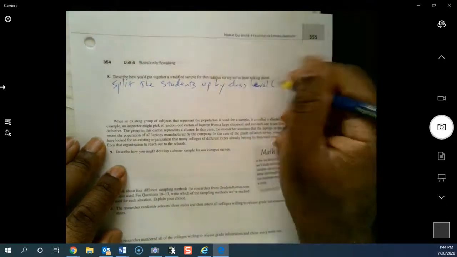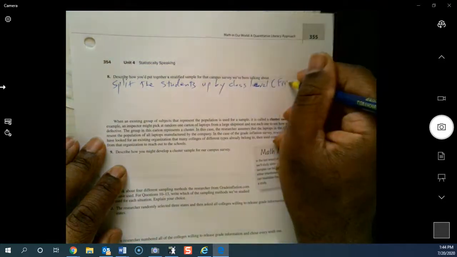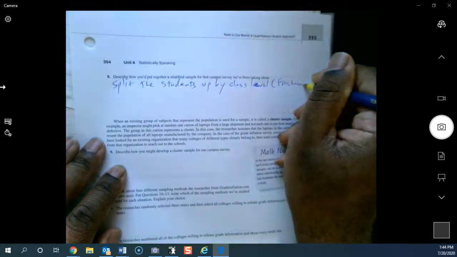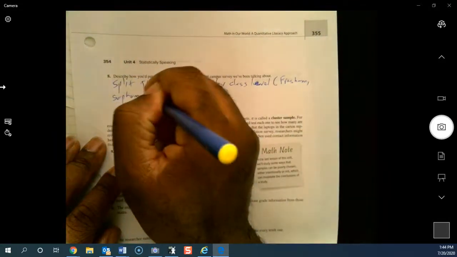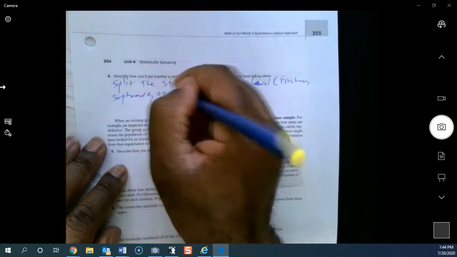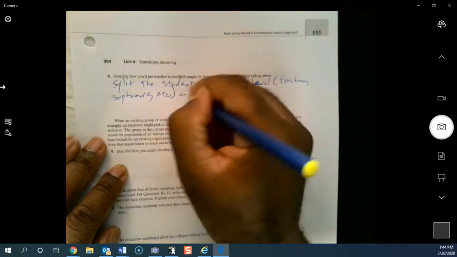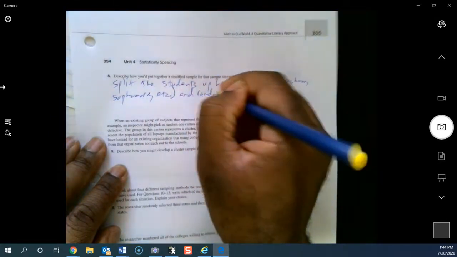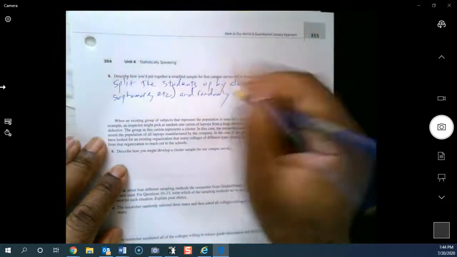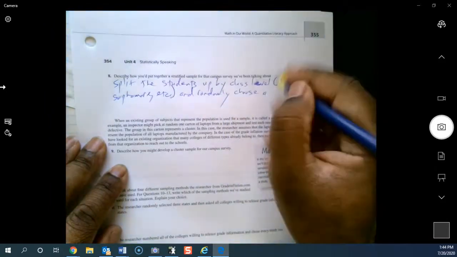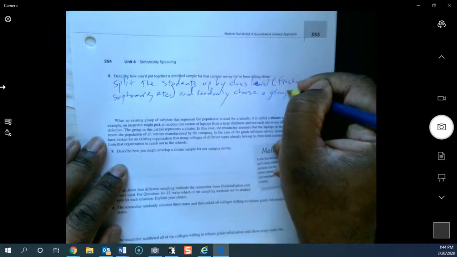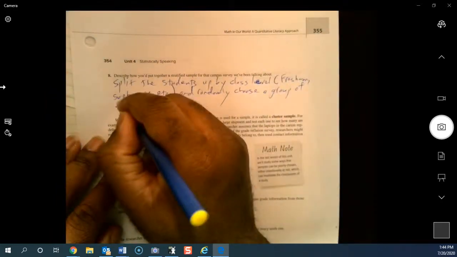You know, we have freshman, sophomore, etc. And randomly choose a group of students from each.